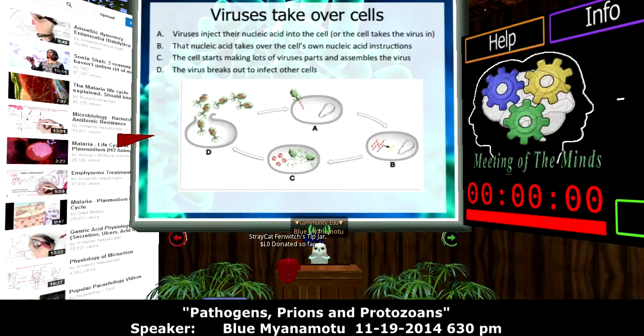But the one takeaway that I want you to have about viruses is that their nucleic acid is what's going into the cell. The virus commandeers the cell to make viral parts for it, and in the making of the viral parts, it basically kills the cell, bursts, and it's done.